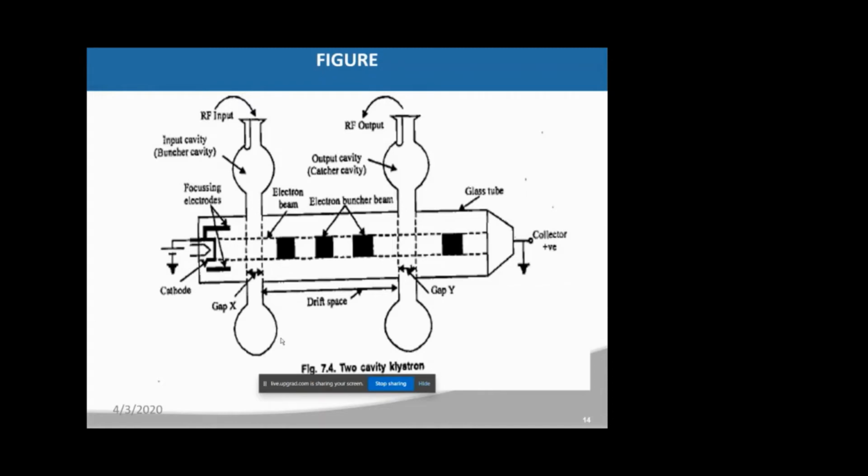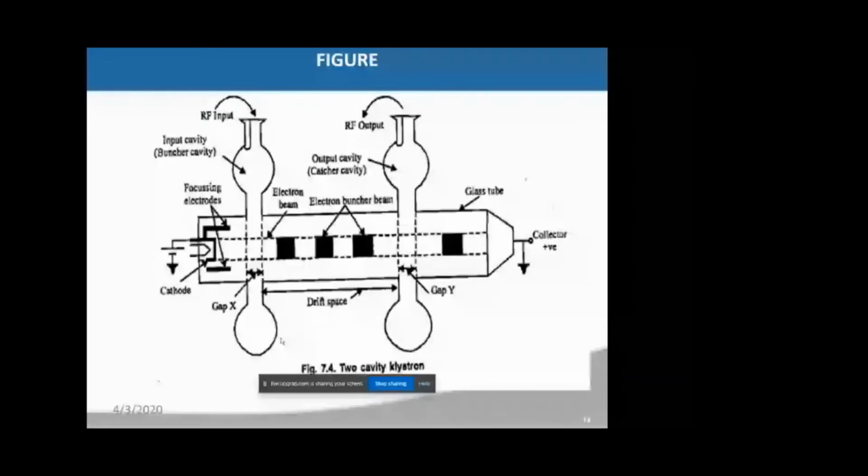Due to the retardation or increase in speed of the electrons due to the RF signal, they form an electron bunch, and that electron bunch becomes an amplified signal, which is taken as the RF output.